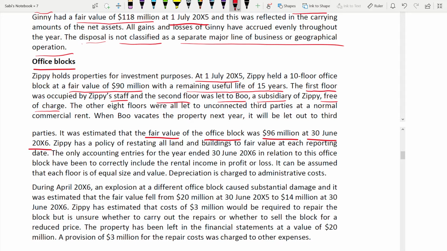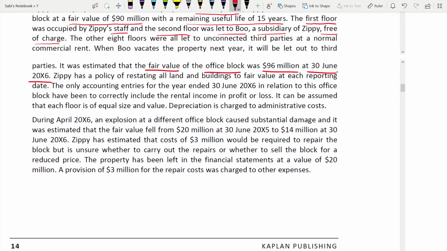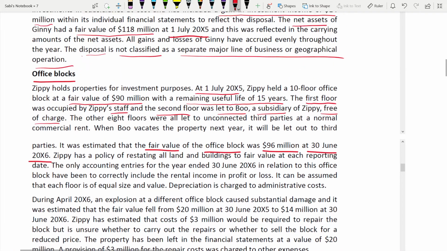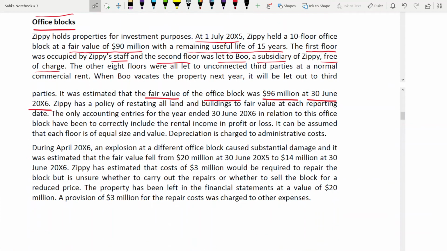Now, during April 2006, what happens? An explosion at a different office block caused substantial damage.